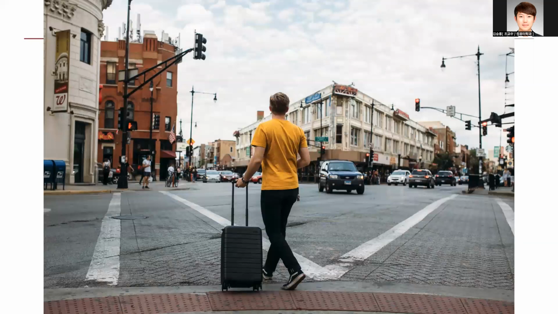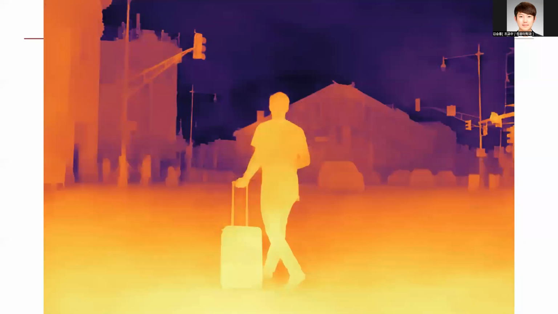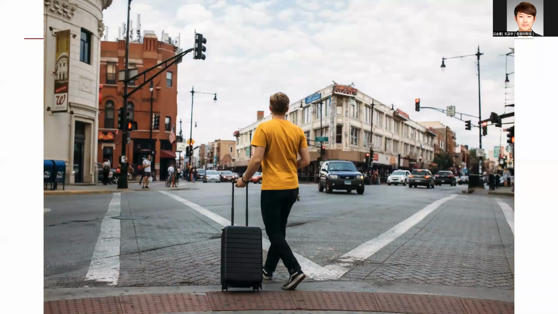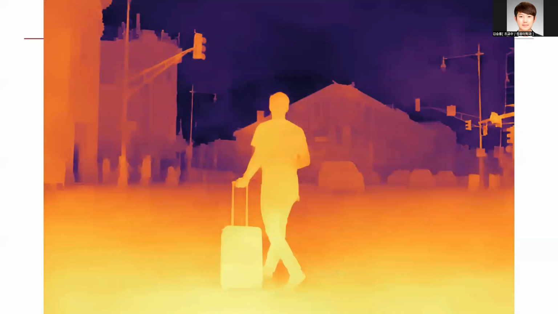By using the state-of-the-art monocular depth estimation network, we can achieve this kind of depth map. It's awesome, right? Again, this is the input single image, and this is the estimated monocular depth map. As you can see here, in the output depth map, the brighter, the closer.